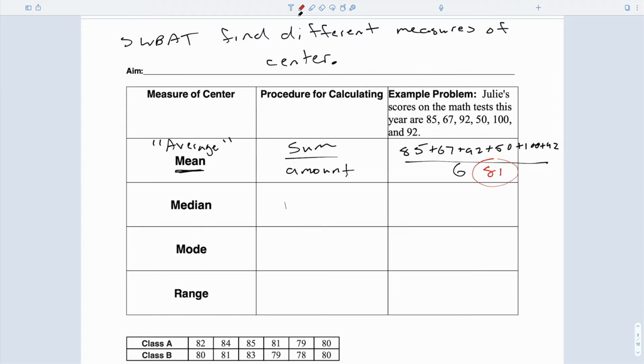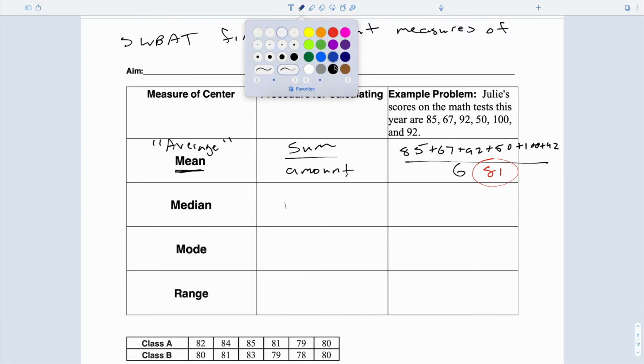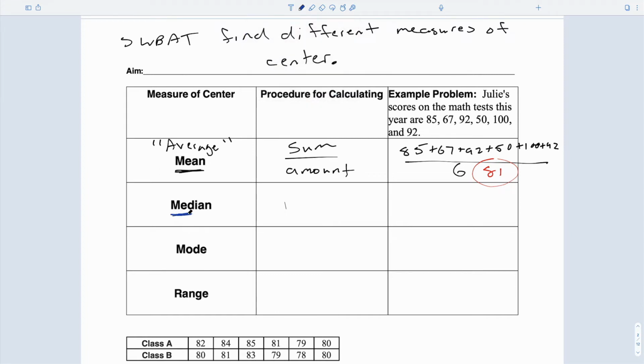The median, you're going to underline med, or middle. Med means middle. You're thinking of the middle number. For the median, you have to line up the numbers first, from lowest to highest.